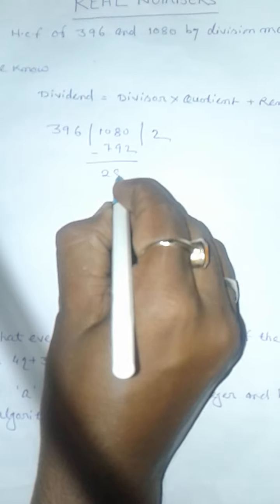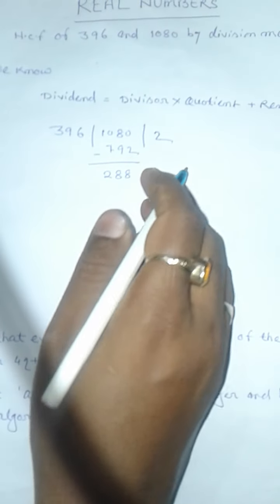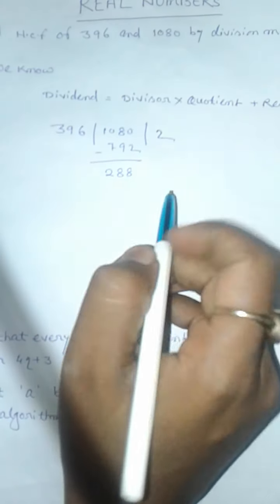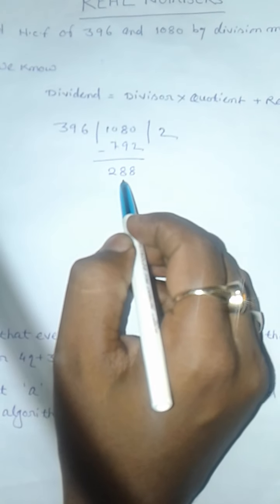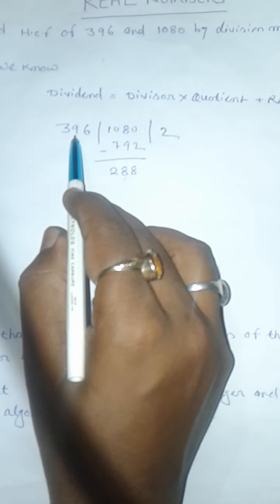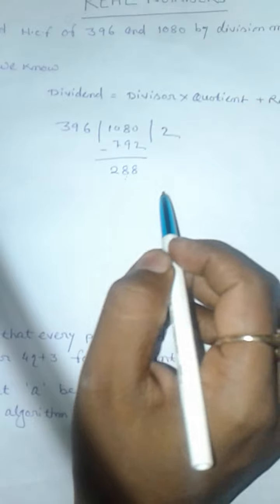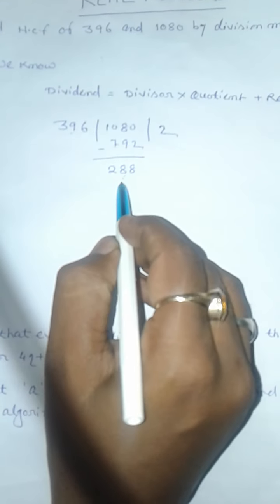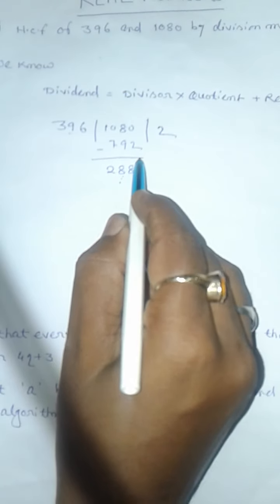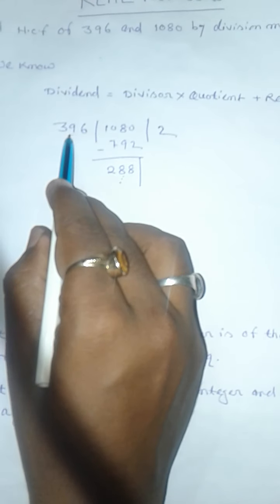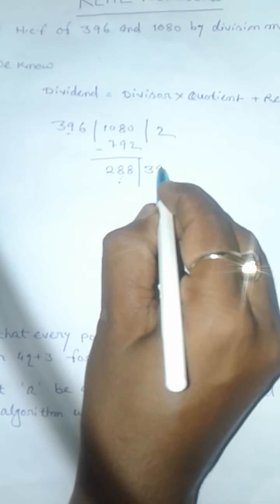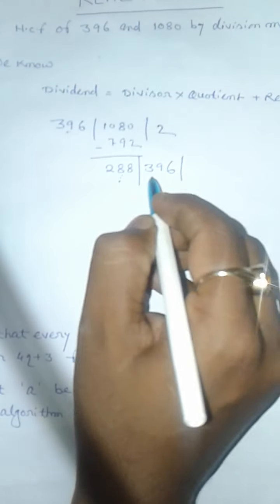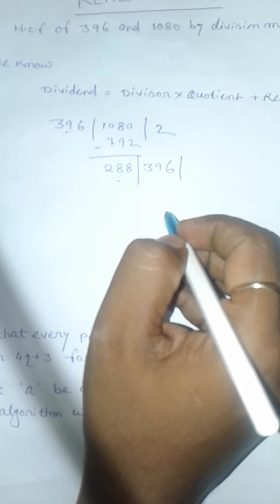On subtracting, our remainder is 288. When the remainder is less than the divisor, then in this method we have to divide the divisor by the remainder. That is, I am going to divide 396 by 288. This will continue till our remainder is 0.